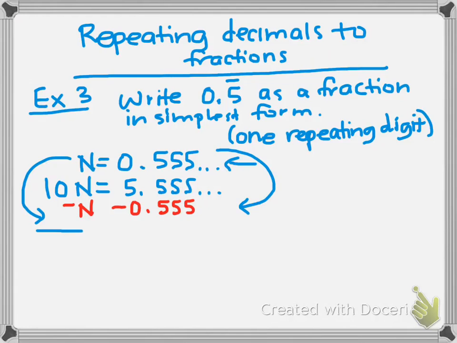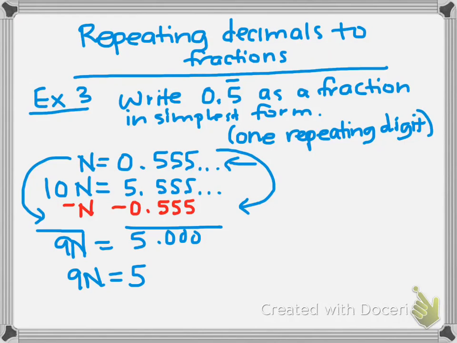Okay, now what we're going to get here is 10n minus n is 9n. And 5 minus 5 is 0, 5 minus 5 is 0, 5 minus 5 is 0, and 5 minus 0 is 5. So basically we have 9n equals 5. Divide both sides by 9.